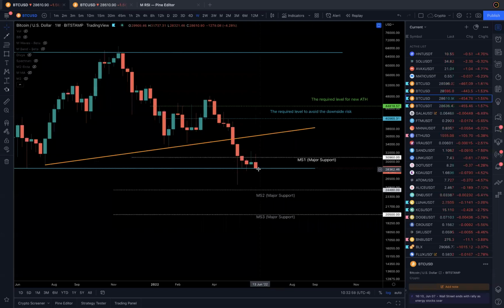So the bottom line is it is trying to consolidate in this zone between MS1 and this line at this moment. My only expectation is that come tomorrow, the weekend, it should not settle below this.